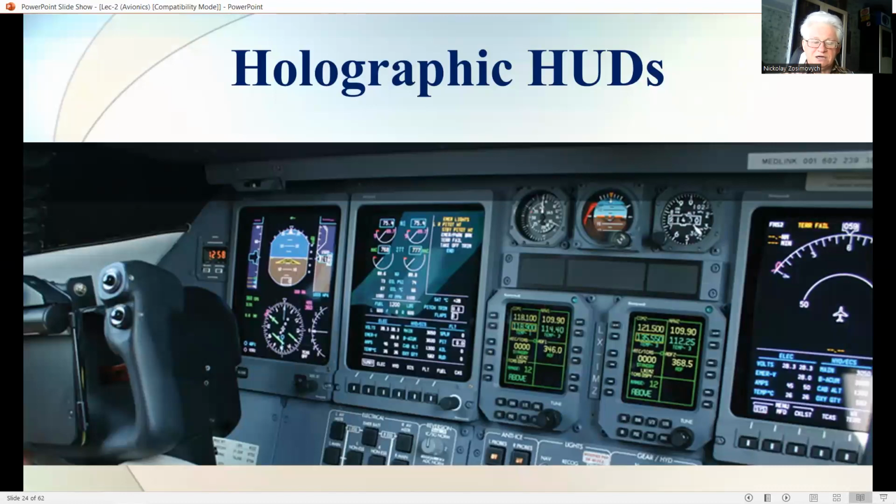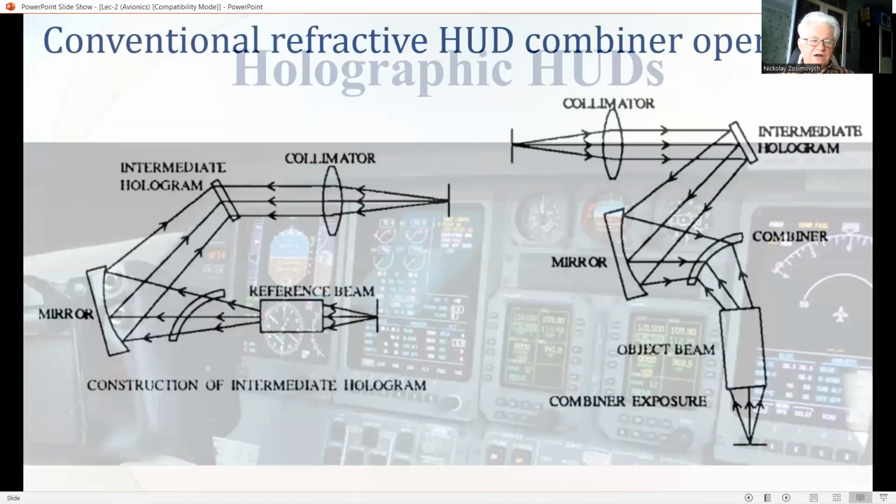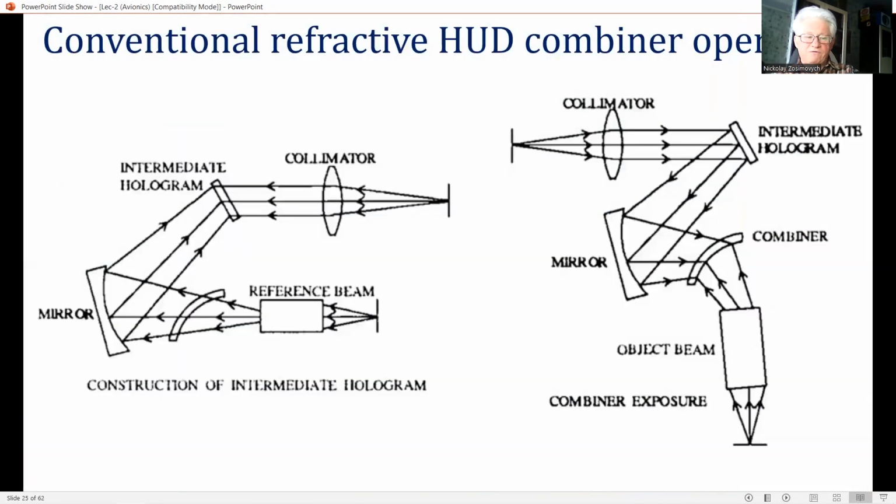Our next topic of this lecture is the holographic HUD. The requirement for a large FOV is driven by the use of the HUD to display a collimated TV picture of the FLIR sensor output to enable the pilot to see through the HUD FOV in conditions of poor visibility, particularly night operation.